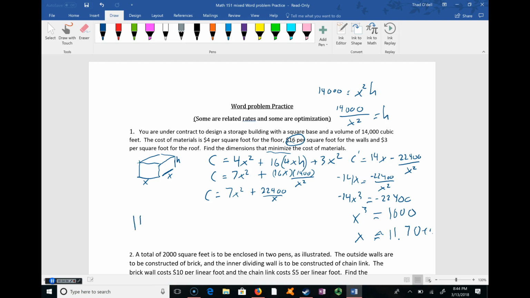That would be 11.7 by 11.7 by, and let's see, 14,000 divided by 11.7 squared. That'd be 10.23.